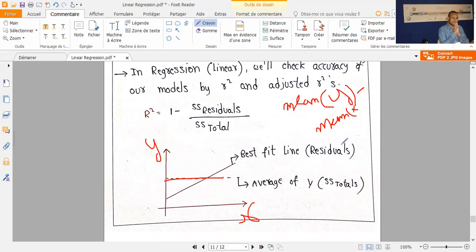That's called the residual, divided by the total. So this is the average of y minus the residual divided by the total, or divided by this equation, the mean of this line.